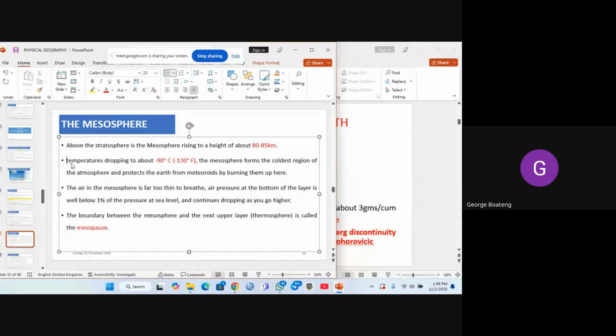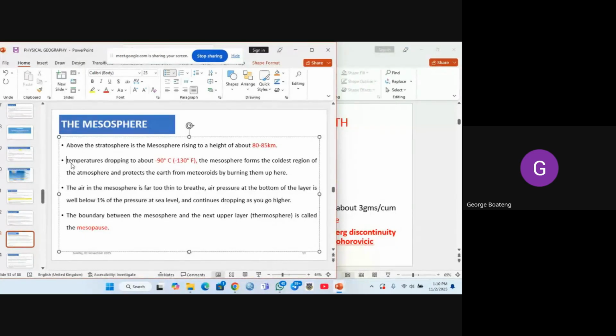Now, it is sometimes a bit difficult to breathe in that area because pressure there is very, very low. And all the gases, like I said, are 100% at the bottom.